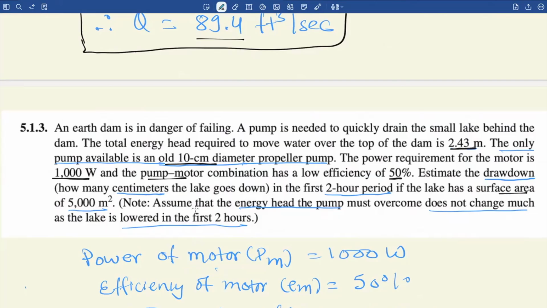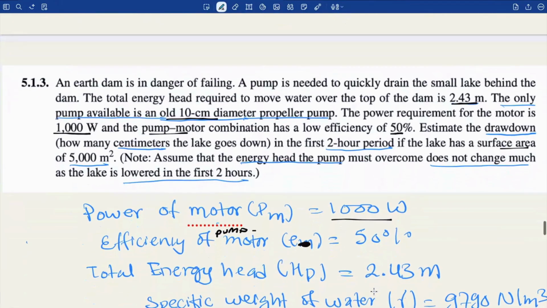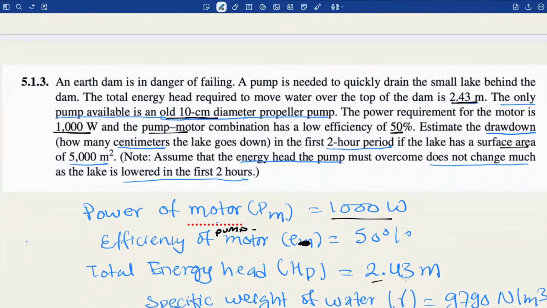So first I would write what we are given. We are given the power of pump, that is 1000 watt, and the efficiency of the pump motor is given as 50%, and the total energy head is also given, that is 2.43. Our main aim is to find how much the level can go down.